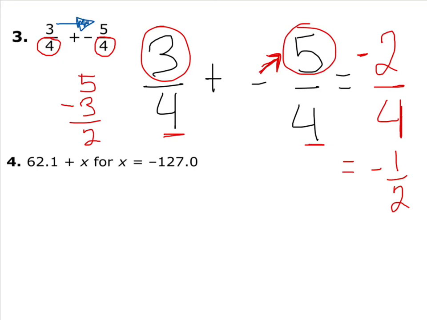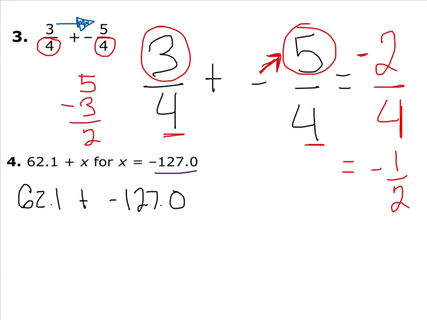Let's take a look at our last example, example 4. Example 4 says 62.1 plus x for x equals negative 127.0. We know that means it's 62.1 plus negative 127.0, because we have to substitute that value into my x.